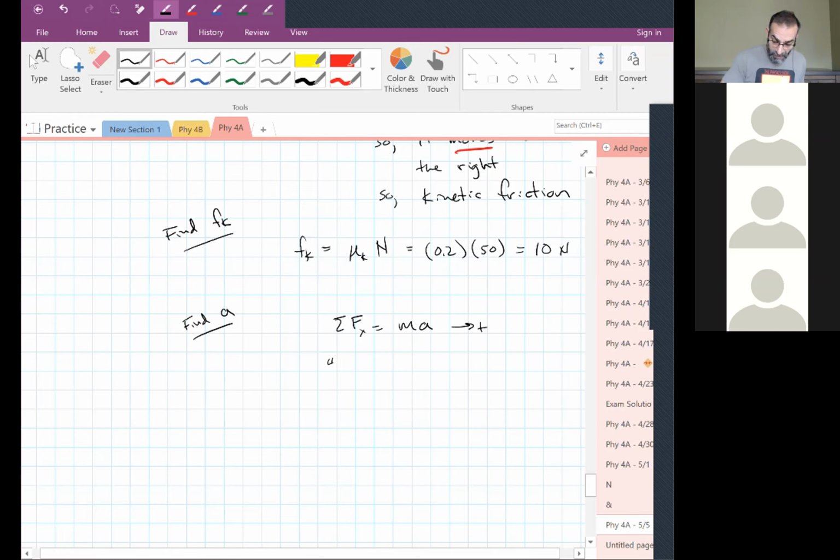And what do we have? We had our 40 Newton pulling force minus our kinetic friction force equals MA. And what is M? M is 50 over 9.8. And so my acceleration is about 6, right?